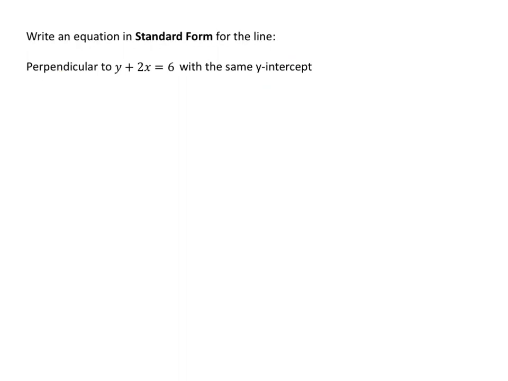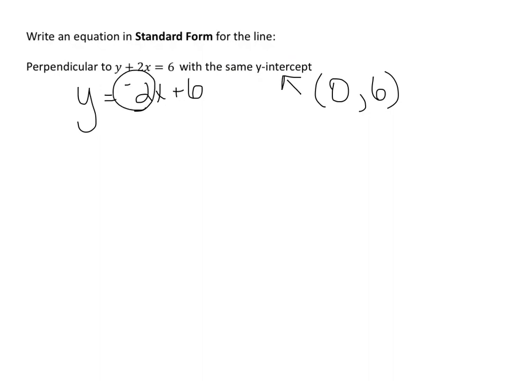Last one, we're looking for something perpendicular with the same y-intercept. For this one, it may actually be easier to rewrite this in slope-intercept form. Remember that your y-intercept is the value you get when x is 0. Perpendicular needs to be the opposite reciprocal.